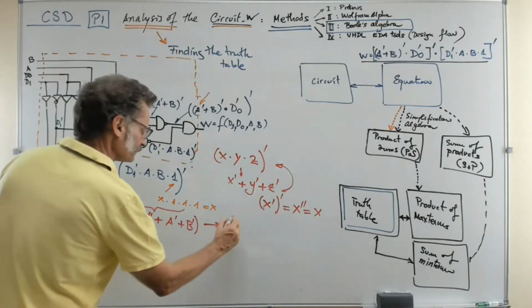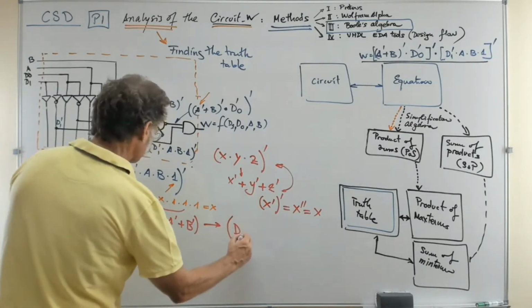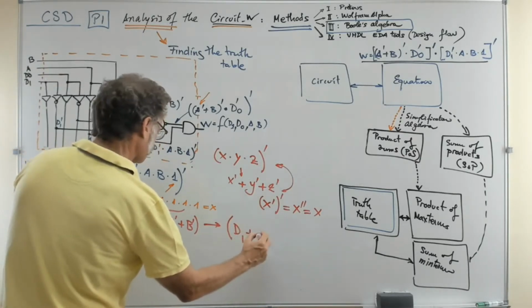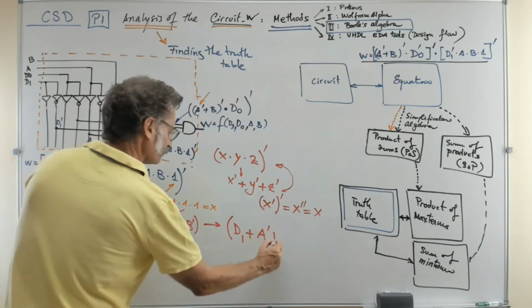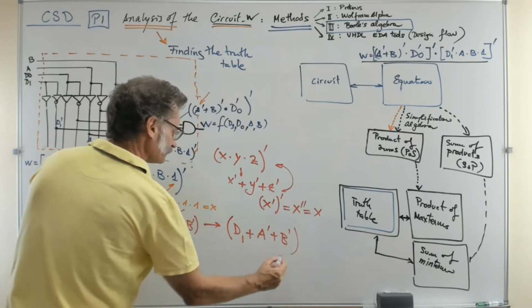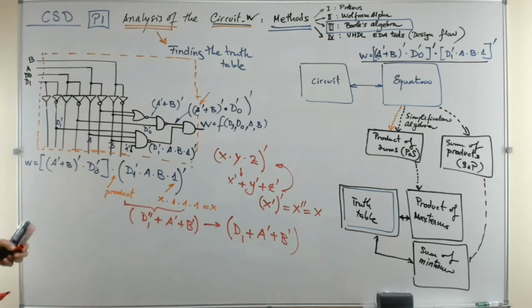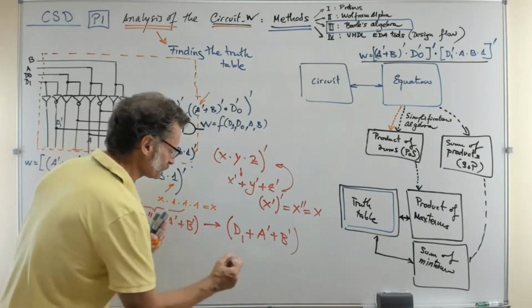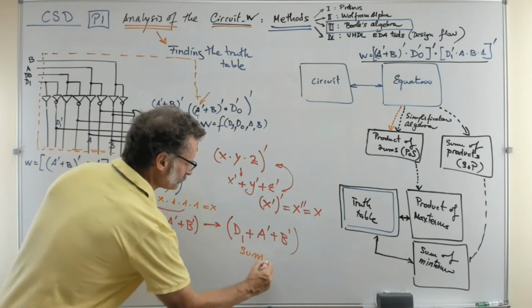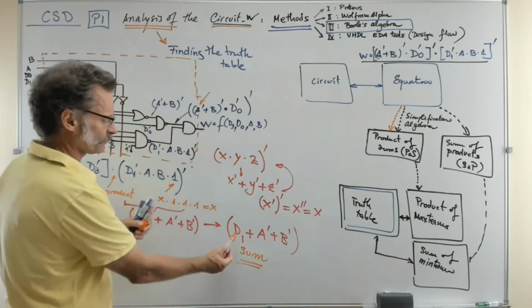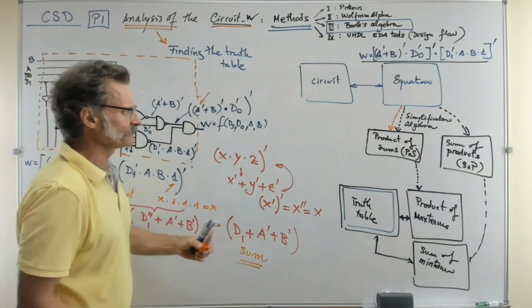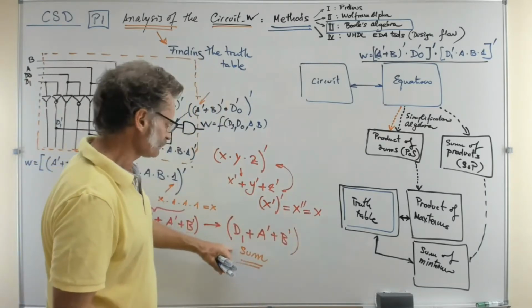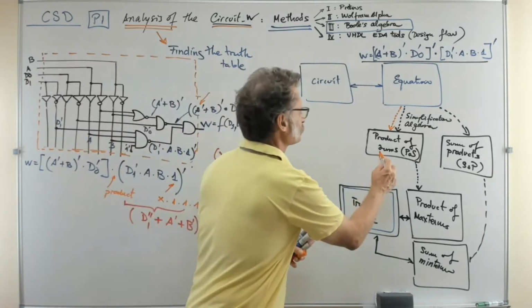So you have here a parenthesis, which is this sum, d1 or a naught or b naught. This is what you've got. And this is very simpler. This is what we call a sum, you see? A sum. Because, you know, one variable is missing here. The variable which is missing is the d0, but it's already a sum, you see?